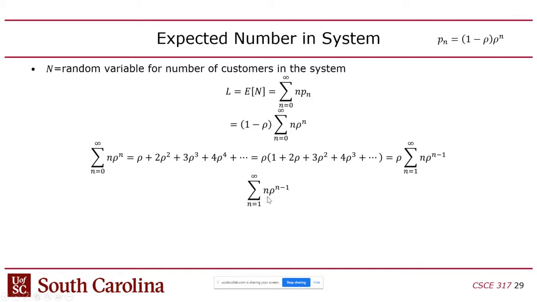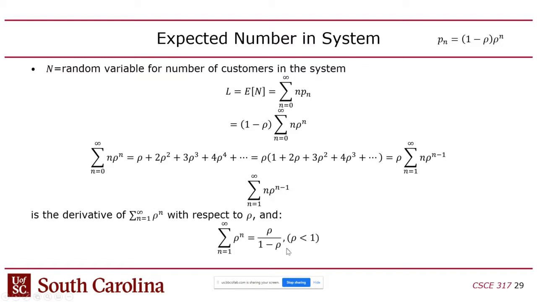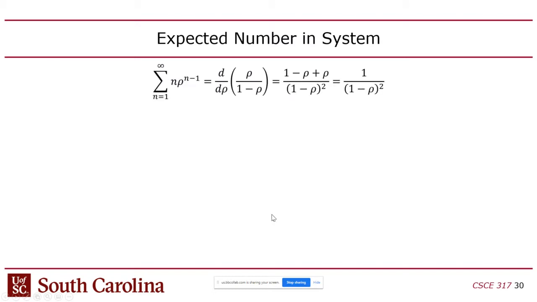Notice I took that first leading rho out, but what was left over was this other summation, which happened to be the derivative of another summation, and that other summation had a nice form that I could use to get rid of the derivative. But I couldn't just get rid of the derivative right away. I had to then take the derivative of that special form, and to be honest, I didn't remember how to do this in calculus. How do you take the derivative of rho over 1 minus rho with respect to rho?